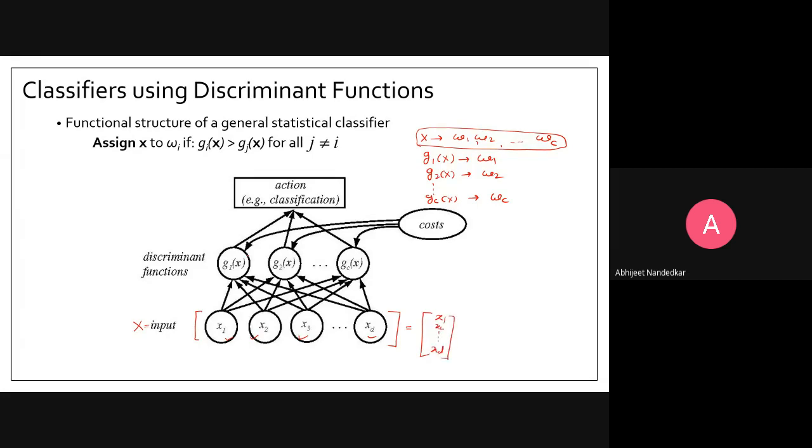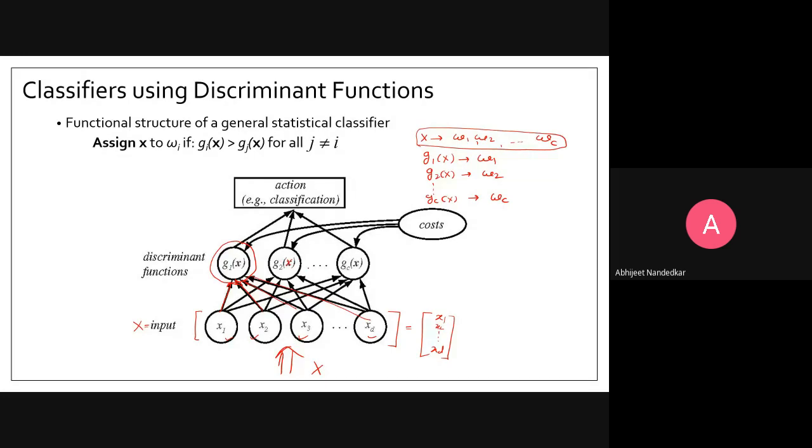Now see, if I choose this node, it is receiving signal from all the input nodes. That means everything being fed here is received by G1(x). Similarly, everything fed here, that is x, is received by G2(x).